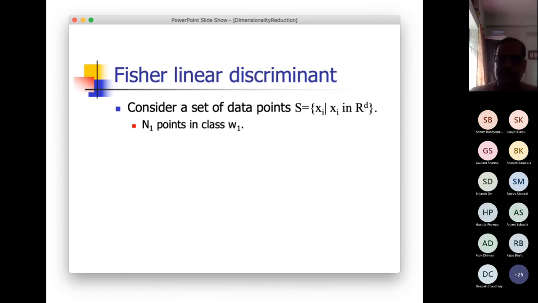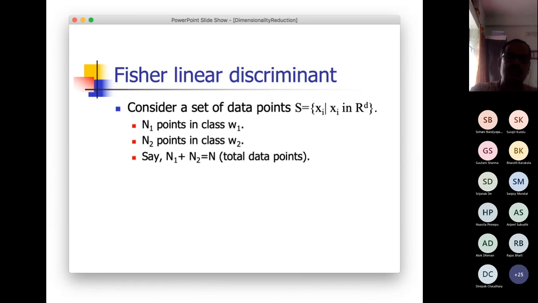So we'll be restricting ourselves to the two-class problem only. So you have n1 points in, say, class W1, and n2 points in class W2, and we consider the total number of data points n1 plus n2 equals n. So this is how your data set is given.